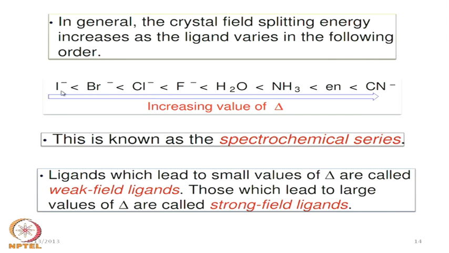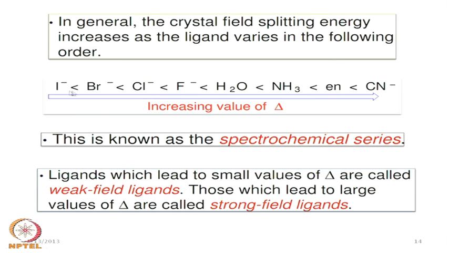On the left hand side we have I minus, Br minus, Cl minus and F minus, which can be considered very weak ligands, ligands which lead to small values of delta. The delta value increases from left to right, so the ligands on the left hand side are weaker in nature, provide small delta values and are called weak field ligands.